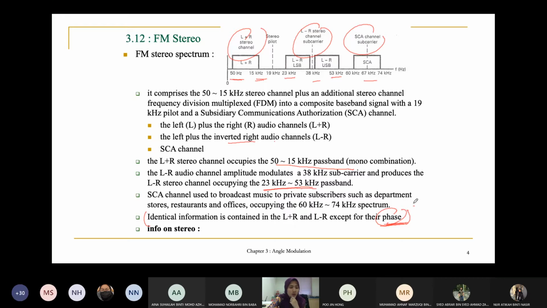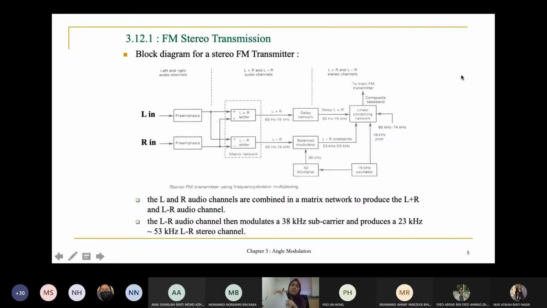Now let's look at the FM stereo transmission. Remember, I've told you just now that for FM stereo we have left and also right. The signal generated at the left will be reproduced on the left speaker, and the signal from the right will be reproduced at the right speaker.